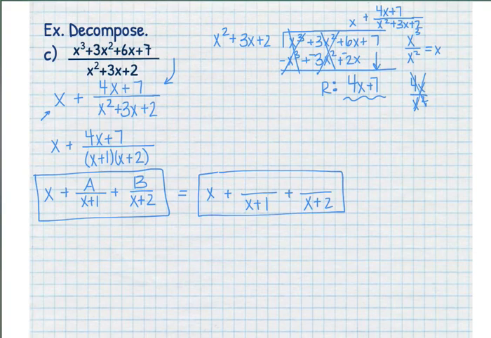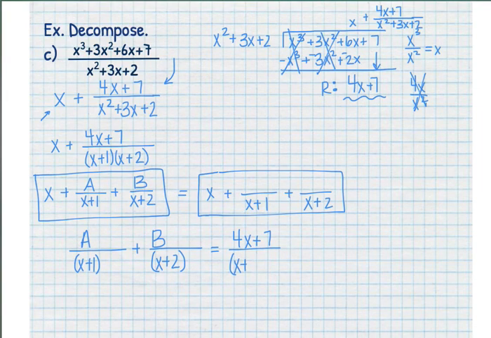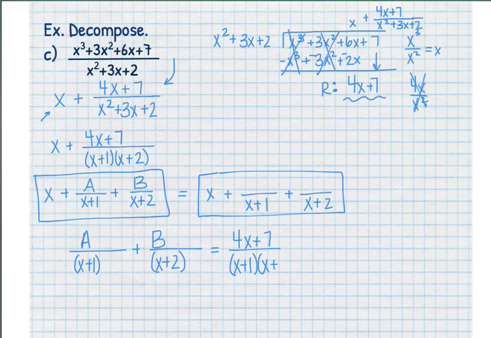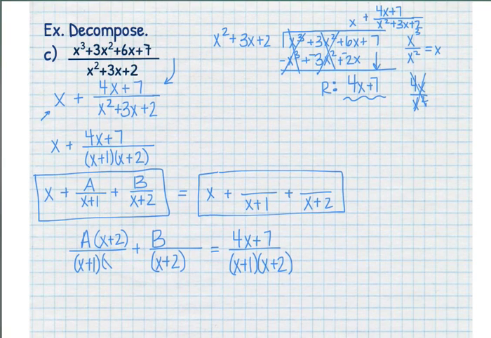All right, so let's look just at that A over x plus 1 plus B over x plus 2. We want that to be equal to just that 4x plus 7 over x plus 1, x plus 2. We know we're going to need common denominators, so we're going to multiply our A fraction by x plus 2 over x plus 2.